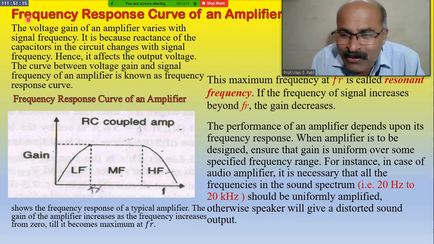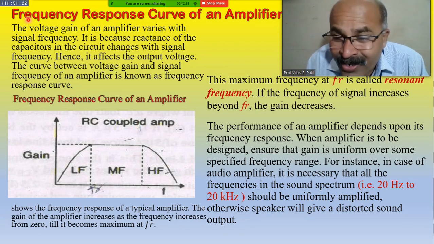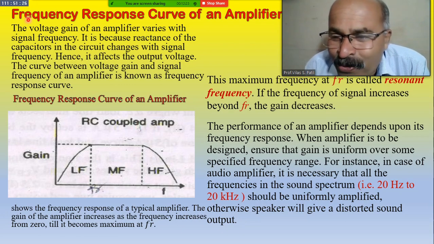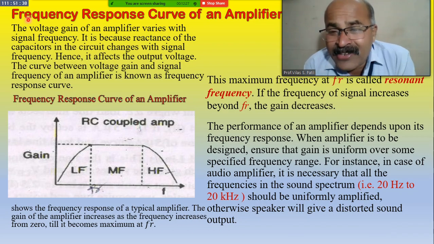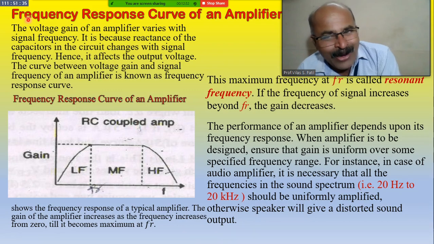Just as we studied in the case of the output characteristic of the transistor amplifier. The output characteristic is a graph, a plot of the output current versus output voltage, that is IC versus VCE. IC will be plotted on the y-axis and VCE will be plotted on the x-axis.